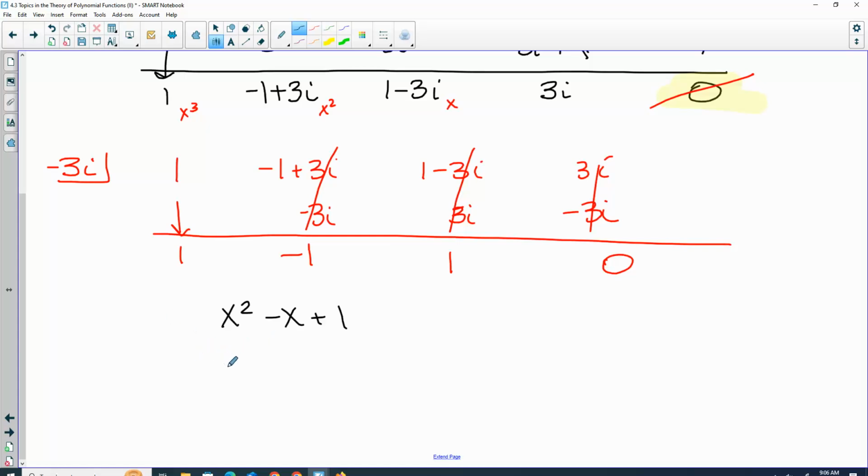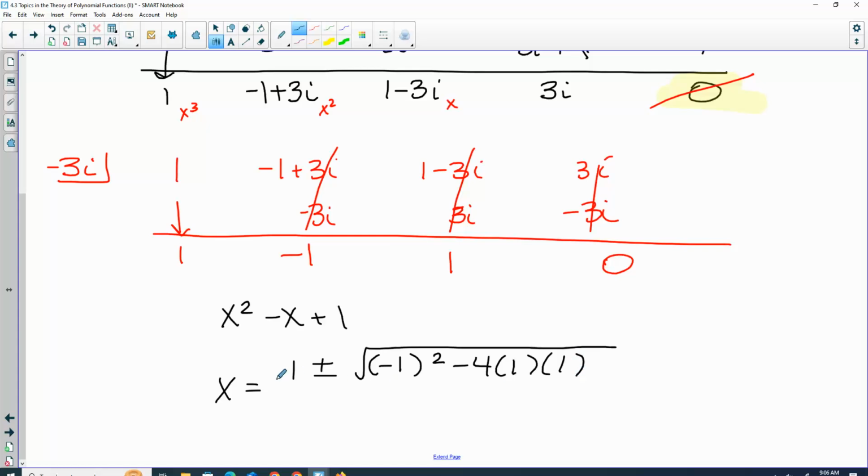So if you can't factor it, what do we do? So the opposite of b would be a positive 1 plus or minus the square root of b squared minus 4ac, all over 2a.